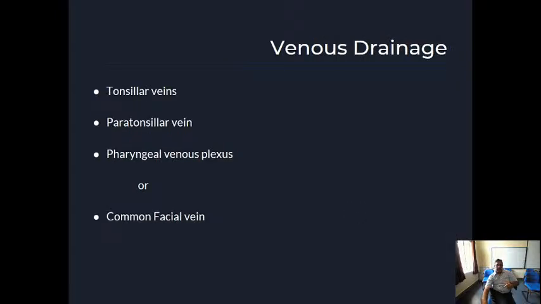That is about the blood supply, and the venous drainage is the paratonsillar vein, which is usually present in the bed of the tonsil, and that is the one which gets injured during tonsillectomy and keeps on repeatedly bleeding, and from there it joins the common facial vein, or sometimes the pharyngeal venous plexus, the pterygoid plexus veins.